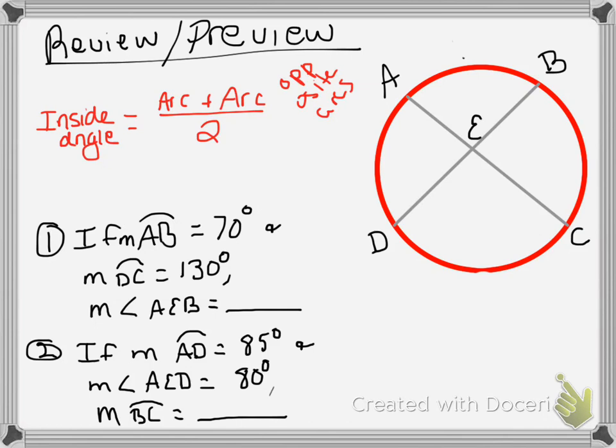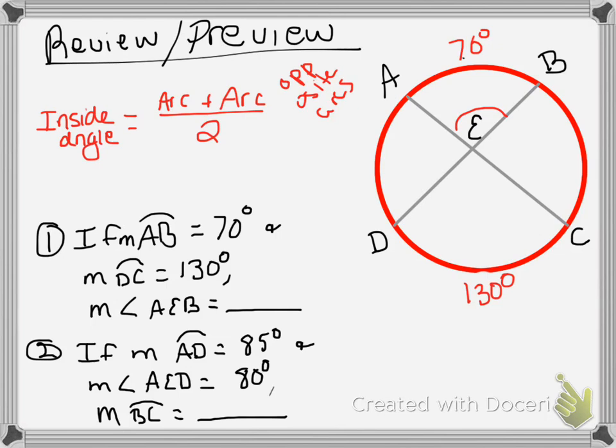If the measure of arc AB is 70 degrees, so I'm going to label that 70 degrees, and the measure of arc DC is 130 degrees, so label that, then the measure of angle AEB, that's this one, is what?